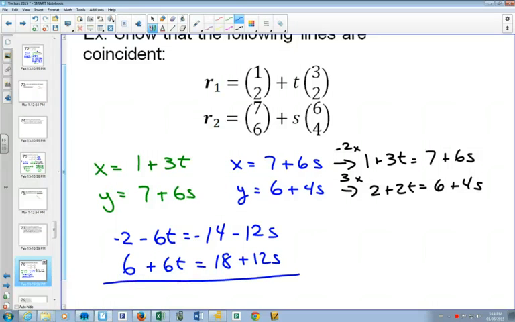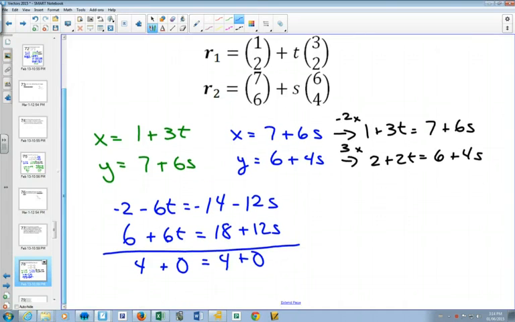And when we add these together, 4 plus 0 equals 4 plus 0. We get 4 is equal to 4, which is always true, even for big values of 4.